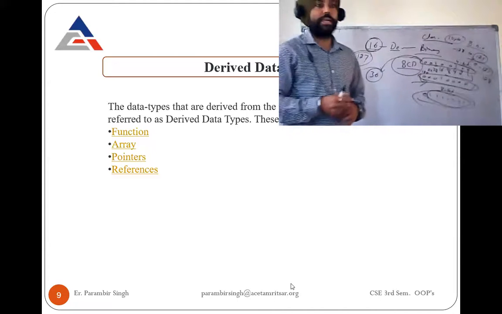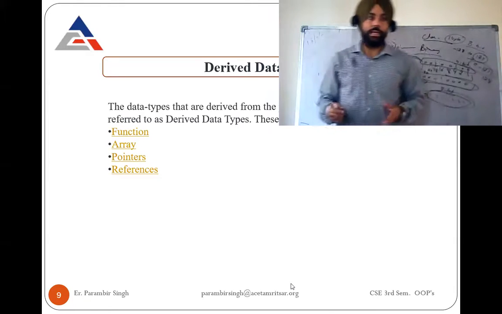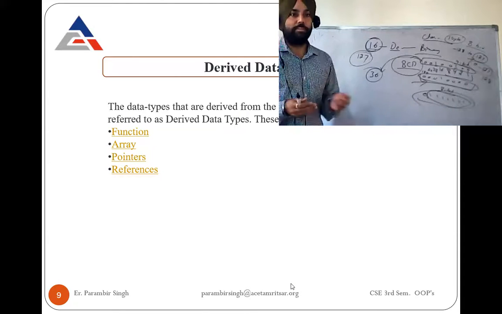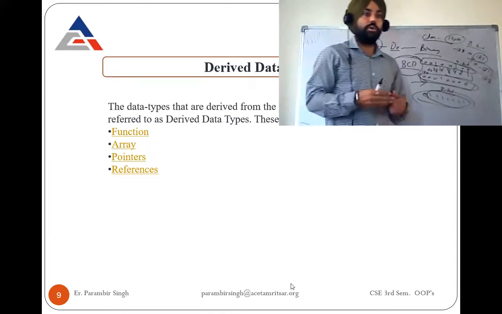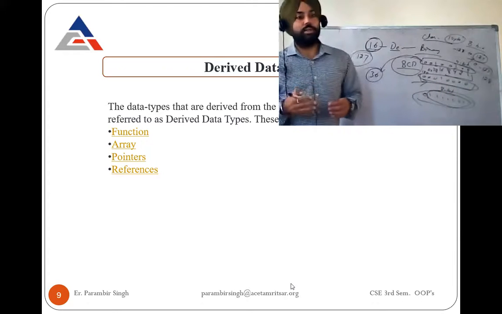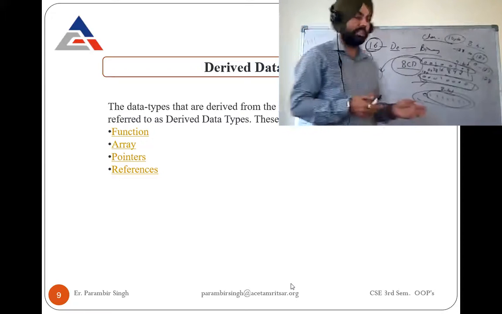The data types that are derived from the primitive or built-in data types are referred to as derived data types. These can be of 4 different types: when we are declaring functions, or using arrays, pointers, or different types of references.